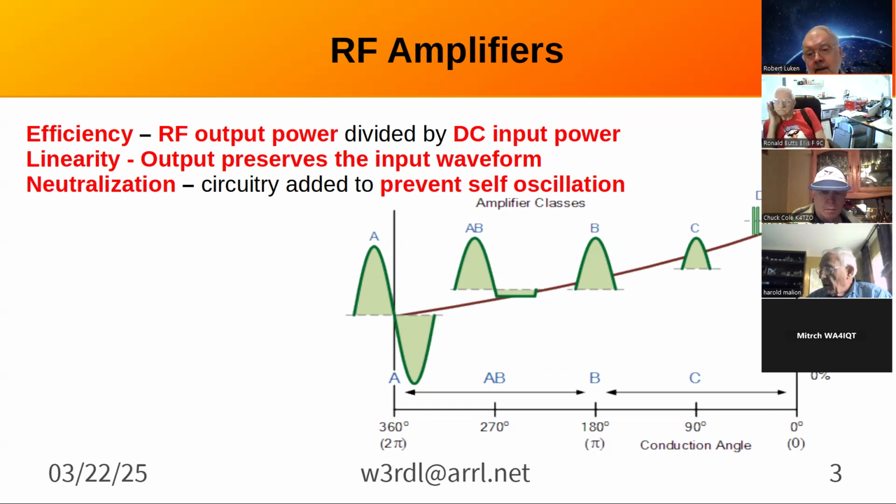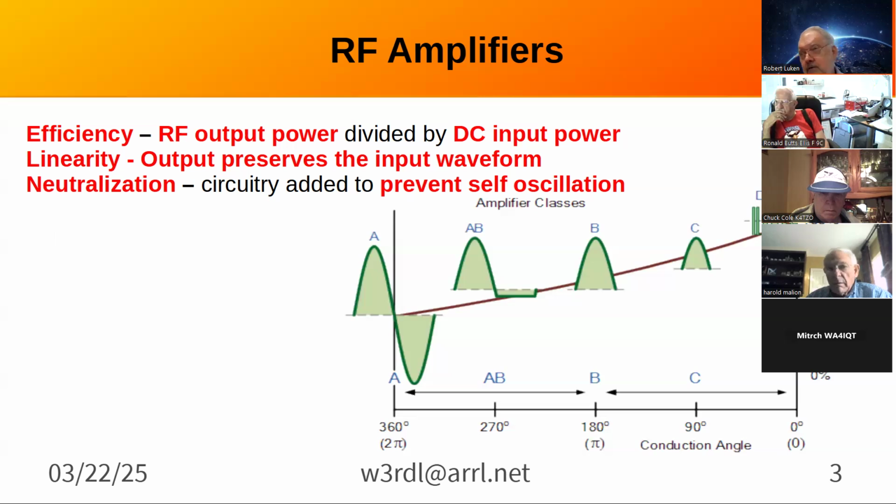In class B, it's linear up to the point where you change polarity and you get crossover distortion, particularly in a transistor amplifier, because of, remember the threshold voltage of silicon? Well, you lose conduction at that point at the crossover. So AB was designed to take care of that.